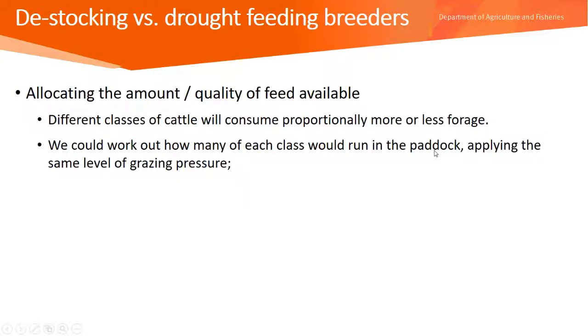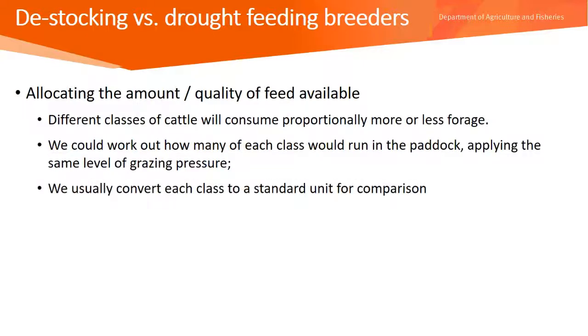So you could sit down with the property owner and say, in this paddock, how many cows and calves can you run until this time? How many steers could you run if the cows and calves weren't in there? On the basis that they would be equivalent numbers applying the same level of grazing pressure. Now, we can't always do that with the property owner, so we take another method where we usually convert each of those classes of cattle that are available to go into that paddock to a standard unit to allow comparison.